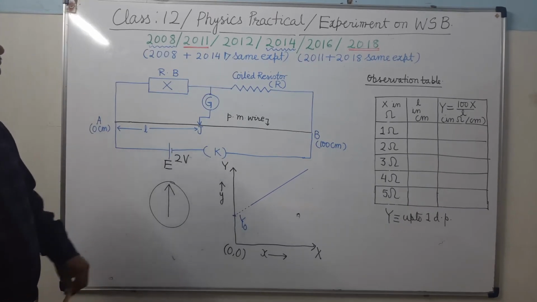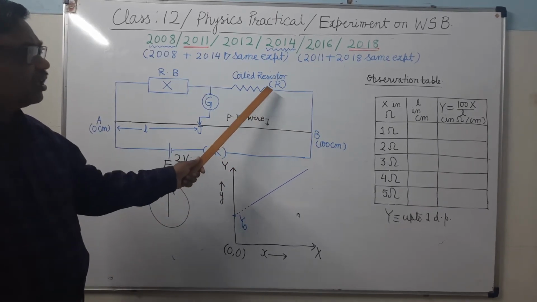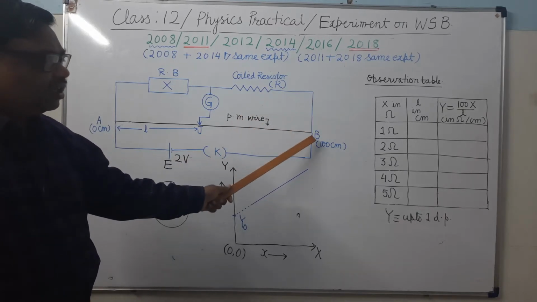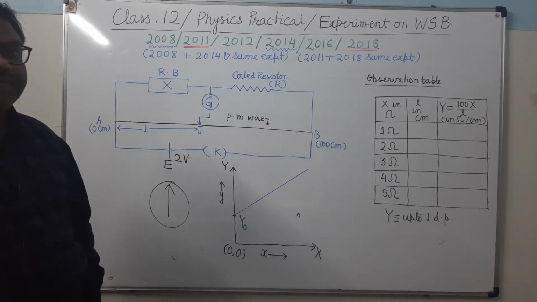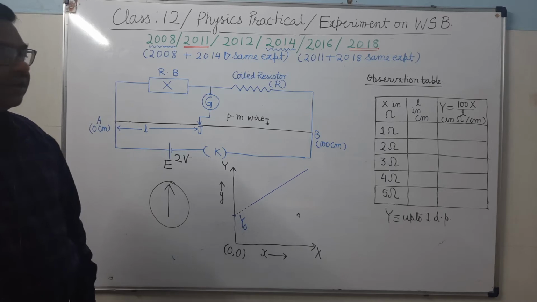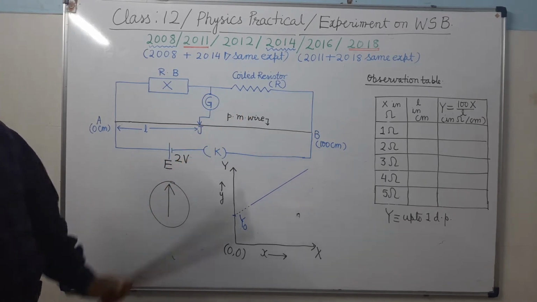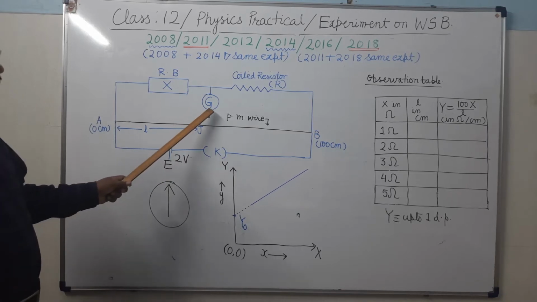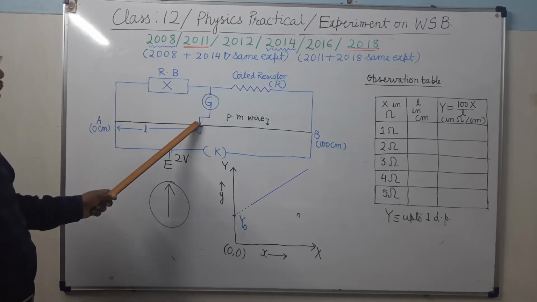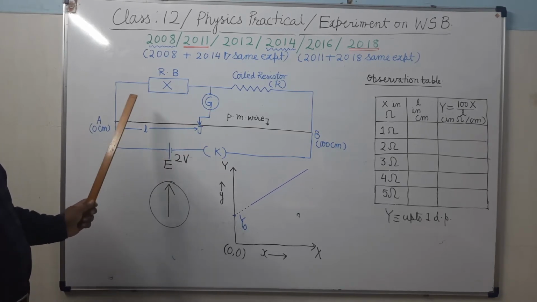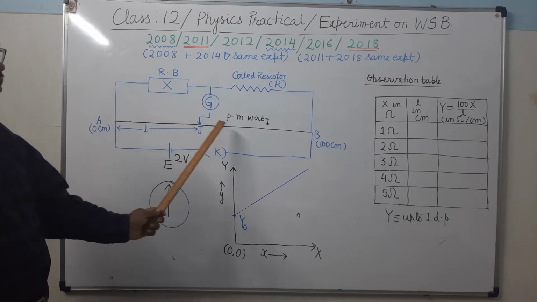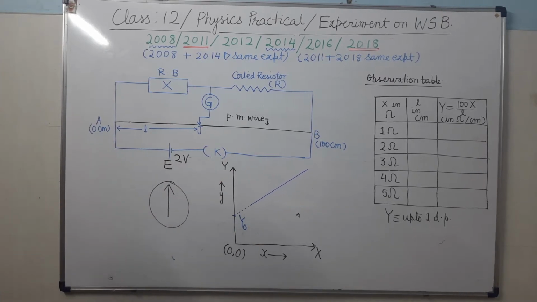Then from the other binding terminal of the coiled resistor, it is connected to the end B. In the galvanometer, there is no plus and minus. You can connect it either way. From the other binding terminal of the galvanometer, the jockey will be connected, which will be touched at various points of the potentiometer wire.